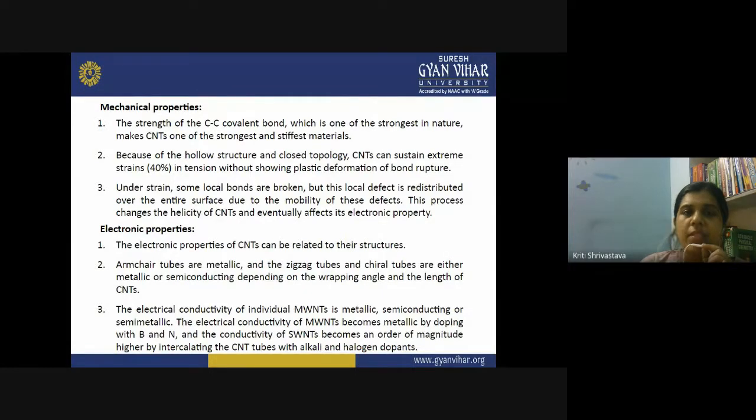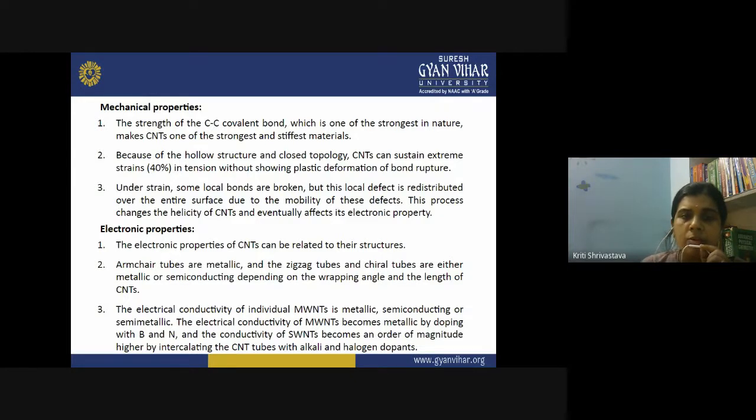So the strength of the carbon-carbon covalent bond is already very high, already the strongest in nature, and these bonds are present throughout the carbon nanotube. So the strength of this carbon-carbon bond makes the carbon nanotube the strongest and stiffest material known on Earth.